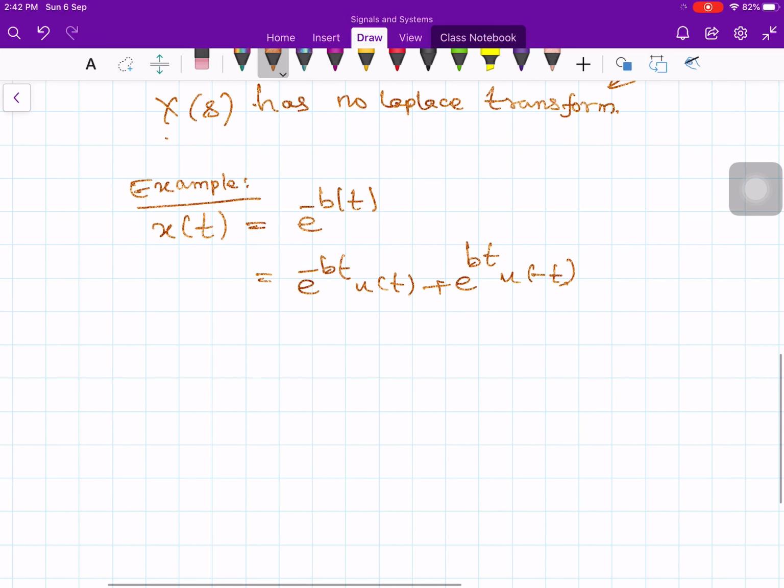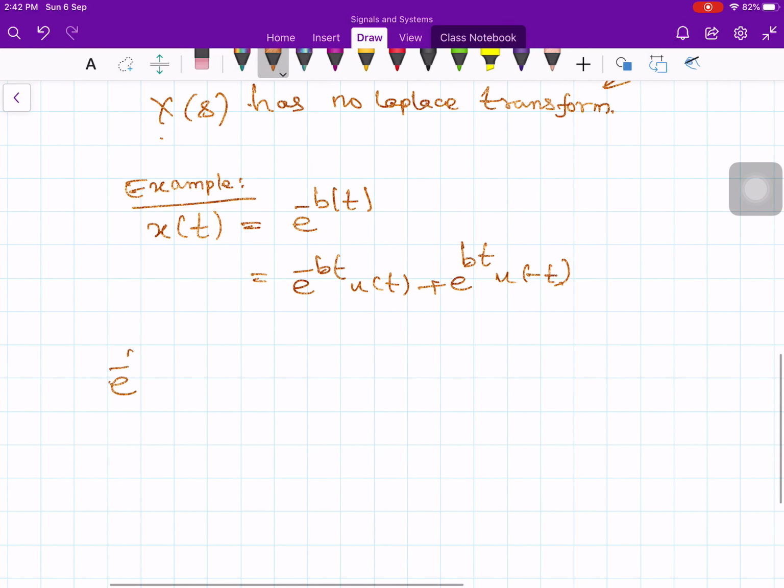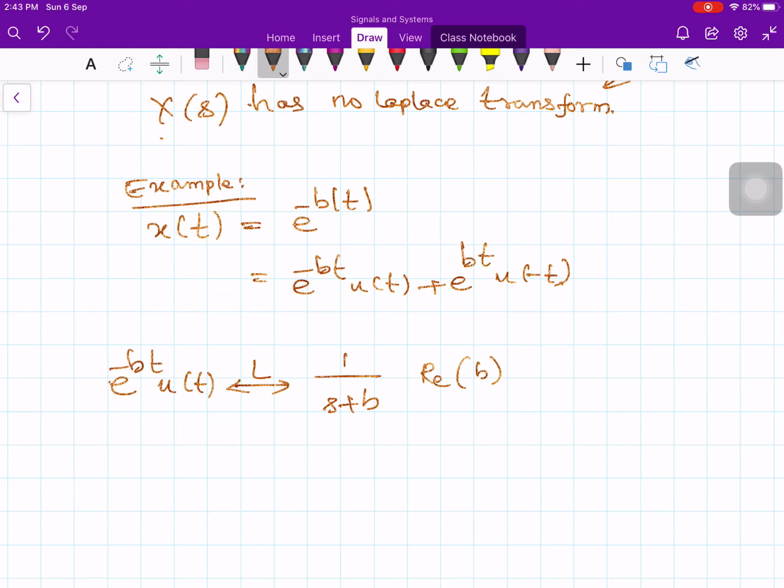E to the minus bt times u of t has Laplace transform 1 divided by s plus b, and the region of convergence is real of s greater than minus b. Now e to the plus bt times u of minus t has a Laplace transform of minus 1 divided by s minus b. I'm sorry, I wrote this wrongly. The region of convergence is real of s less than plus b.